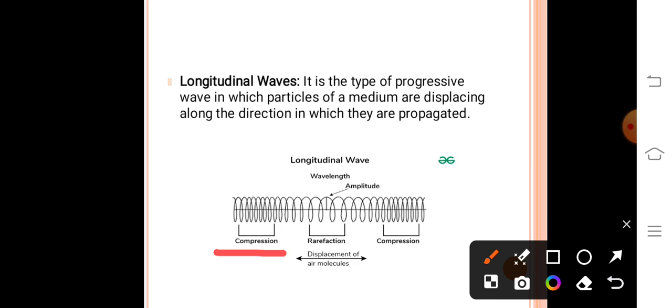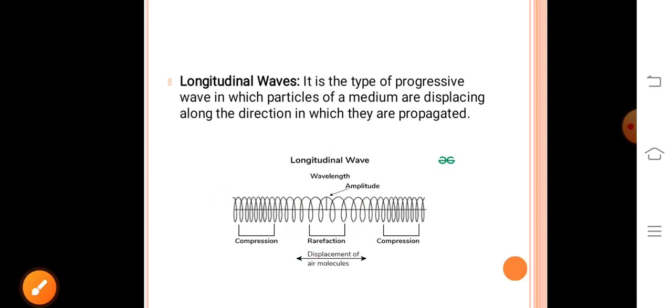These are longitudinal waves. When we pull the spring, it produces a rarefaction, and when we push the spring, it is compressed. So in longitudinal waves, we find compression and rarefaction. This type of waves are called the longitudinal waves.